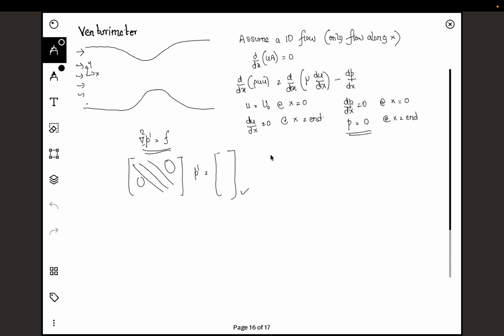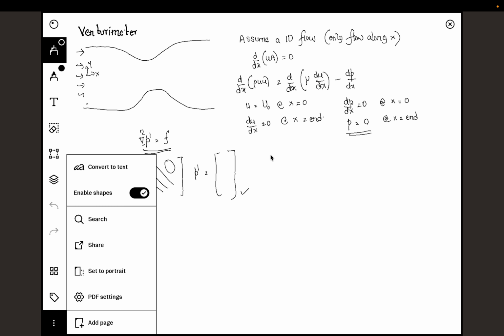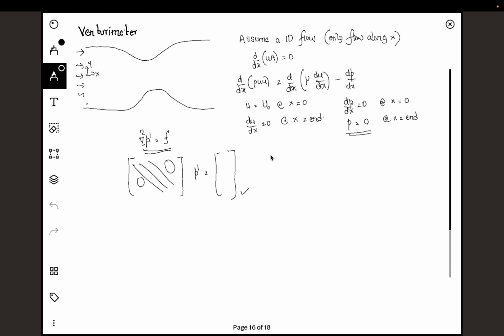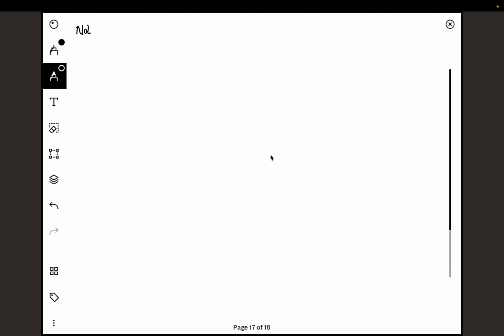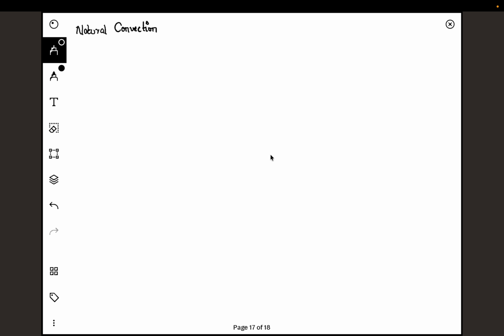So let's say we have another problem. Say we have to solve a natural convection problem. How would SIMPLE be used for that? Incompressible only.